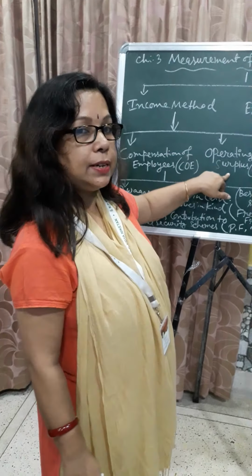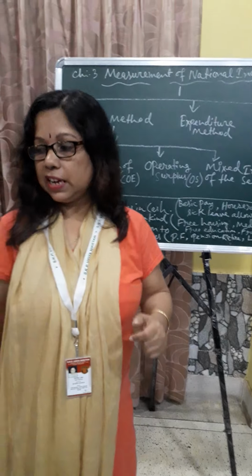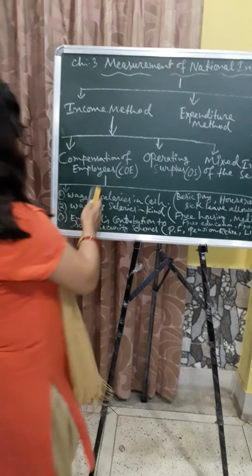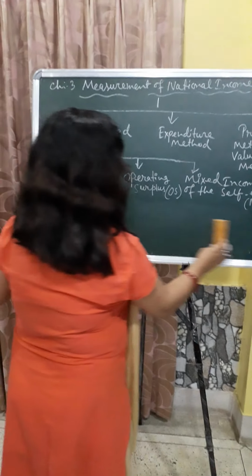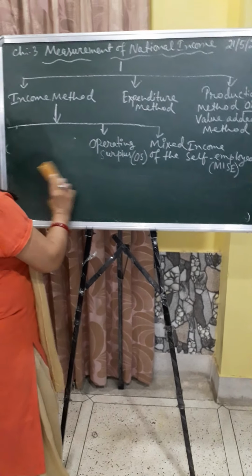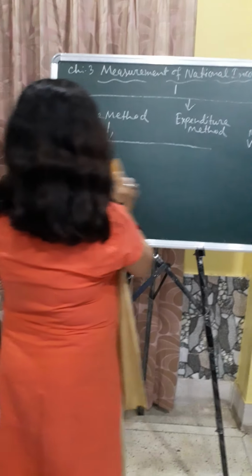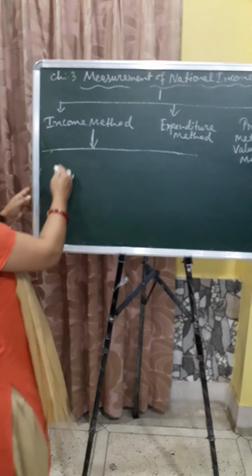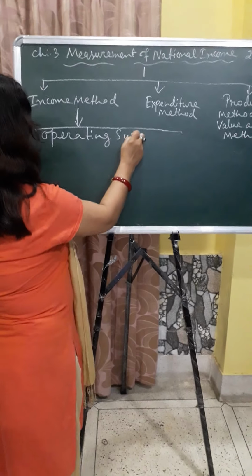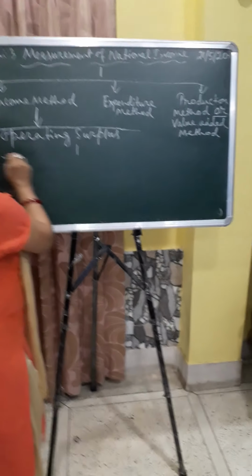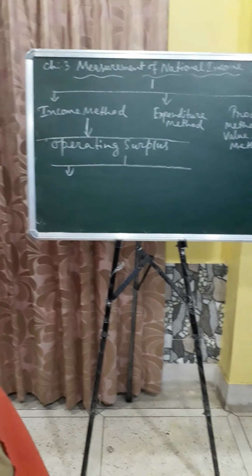Now next, operating surplus. We write one by one the elements of operating surplus. Operating surplus has two elements. You write one by one.